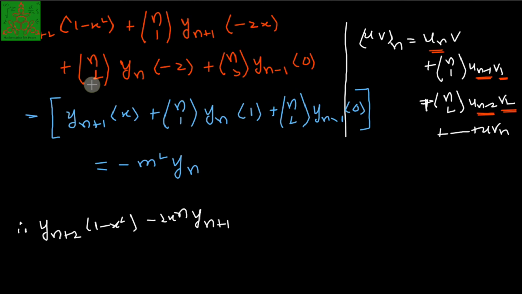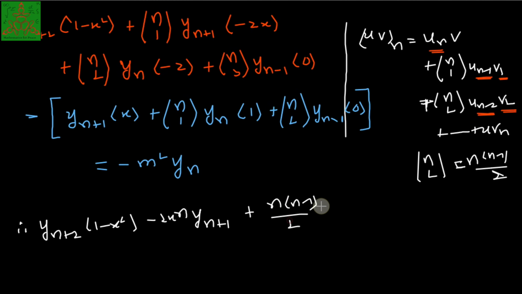In the next term it is nC2, which is n(n-1)/2, into minus 2, into yn.